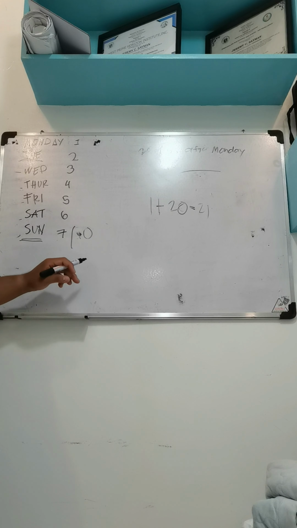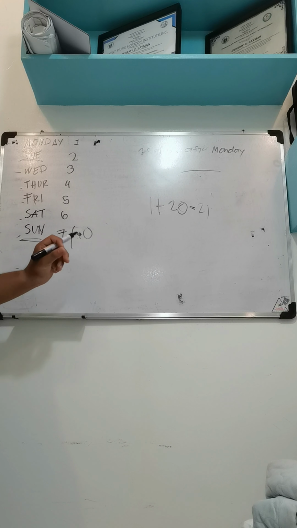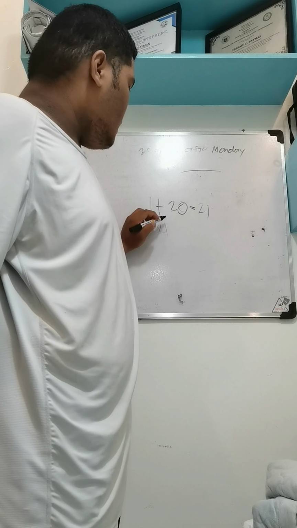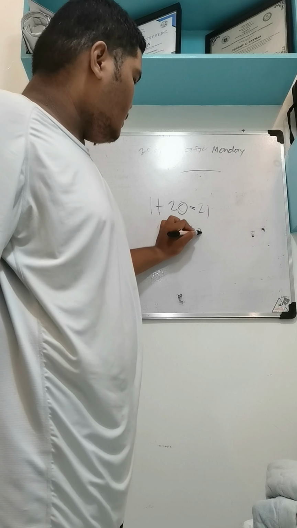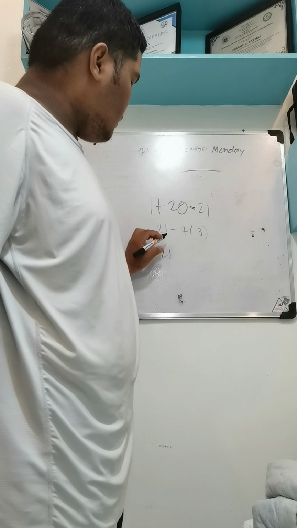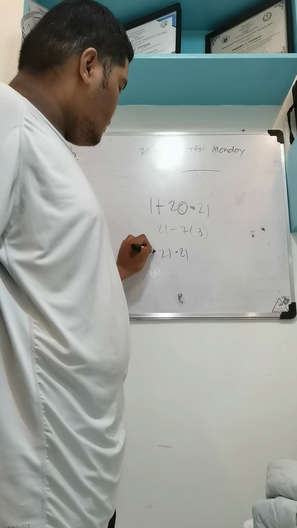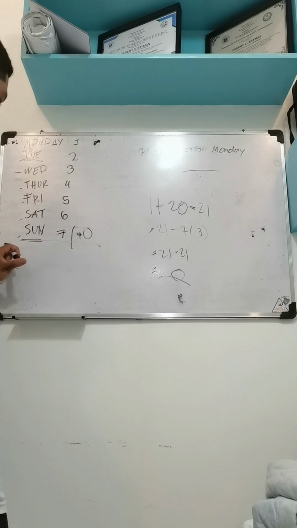Let us use number 7, and let us determine how many 7s 21 has. 21 minus 7 times 3, that will give us 21 minus 21, or 0. So 0 means Sunday.